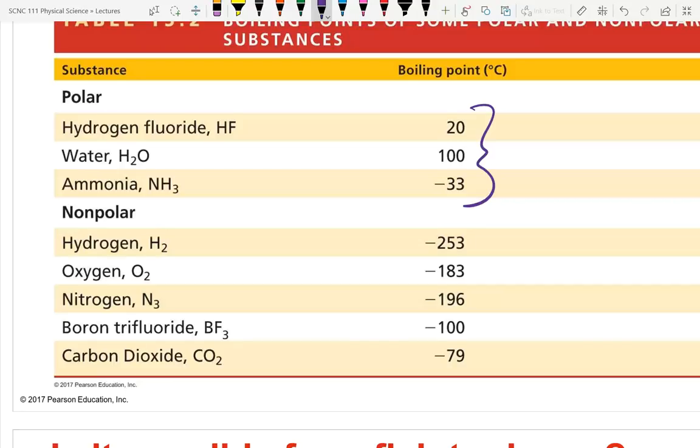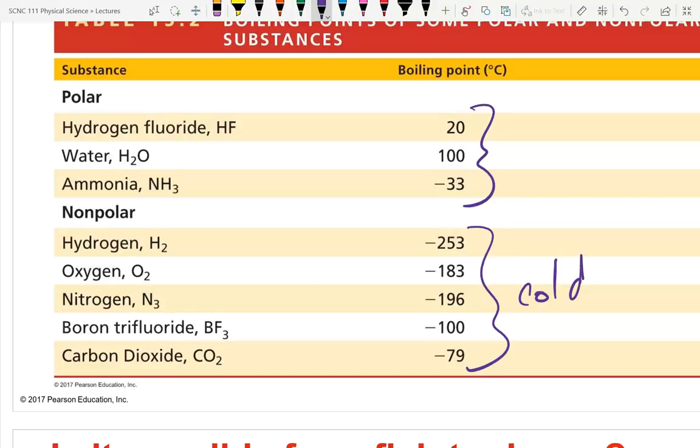So we see water has a boiling temperature of 100, hydrogen fluoride 20, ammonia minus 33. That's a pretty low temperature for ammonia, but compared to nonpolar molecules like hydrogen, oxygen, nitrogen, and carbon dioxide, you see these here are really cold because they're not held together very strongly at all.